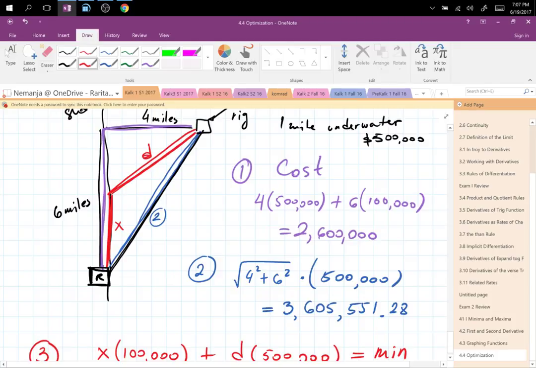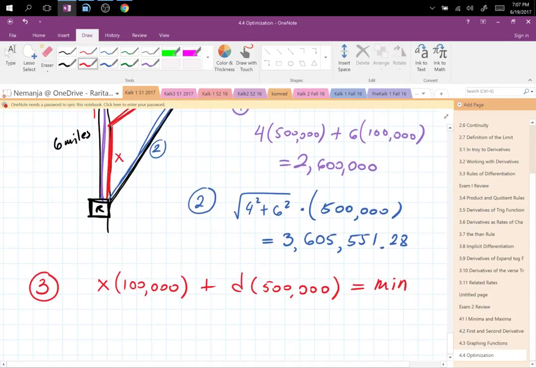So I have to use the fact over here that this distance here is 6 minus x. And if you use that 6 minus x there, you can use the Pythagorean theorem to figure out that d is the square root of 6 minus x squared plus 4 squared, because it's the right triangle.